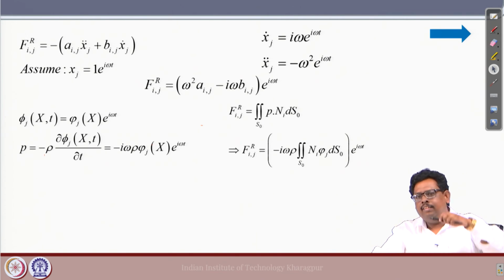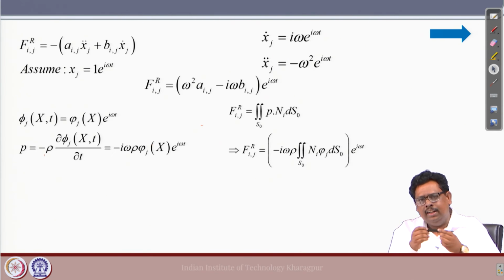That means I am oscillating the body in the heave mode, but still I can expect some moment along the pitch, or I can oscillate the body in the pitch and still expect some kind of force in the direction of heave.